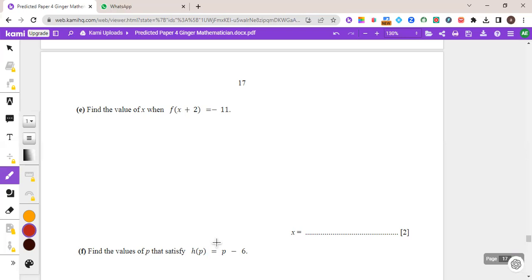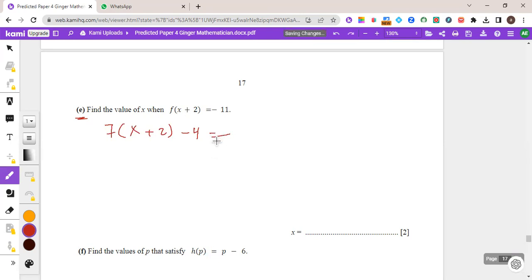Okay Ahmed Wael. Mr. is with you, part B. Let's go Seif, quickly Seif. Find the value of x when f of x plus 2 equals negative 11, right?